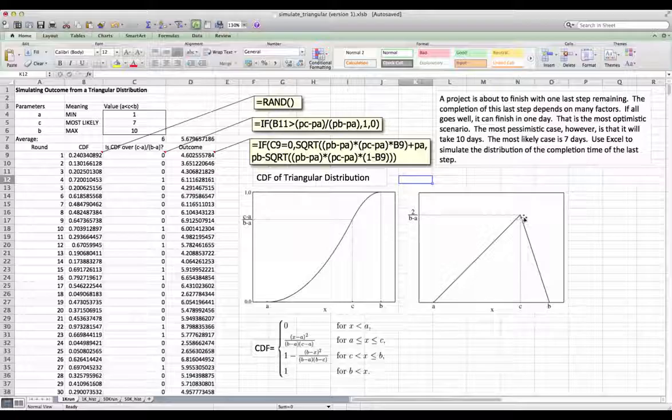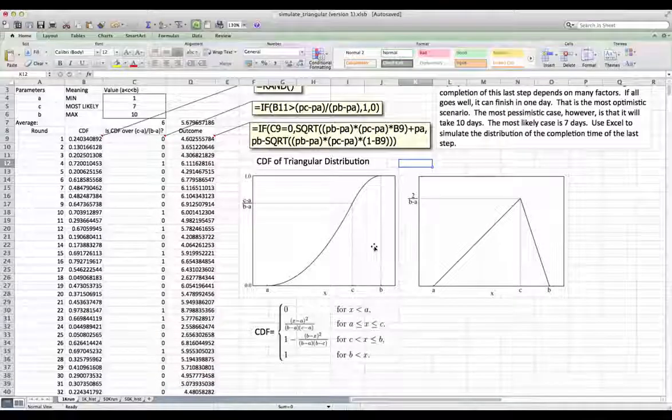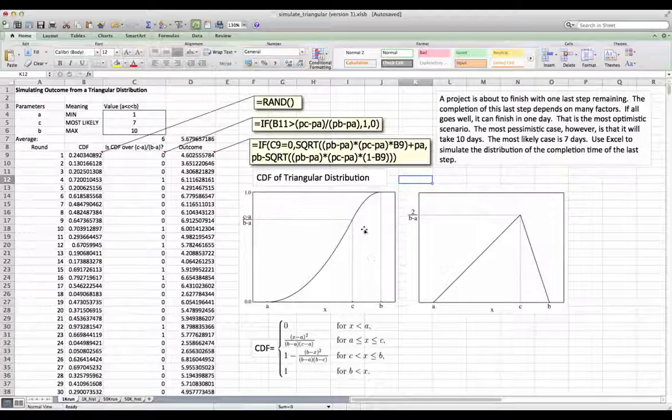And how do you simulate this distribution? Well, it turns out it's straightforward as long as we understand the cumulative distribution of this triangular distribution. Now, this is the cumulative curve. By definition, it's from 0 to 1, and the cumulative density is worked out in this formula.